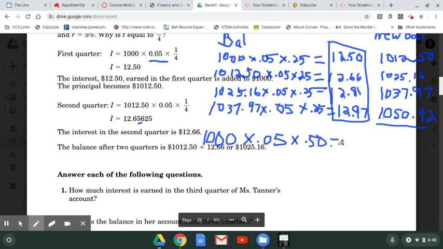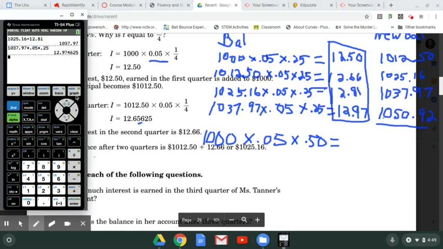Okay? And when you go ahead and do that, okay? And here we're going to put 0.50, or 0.5 would be fine. Okay? All right.